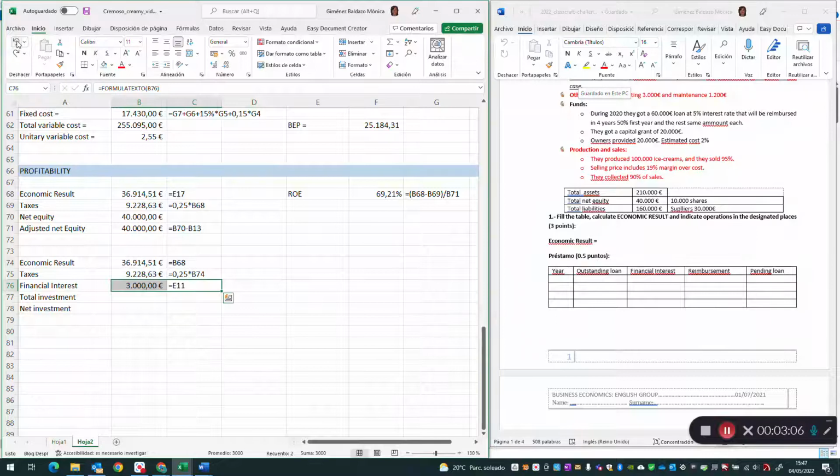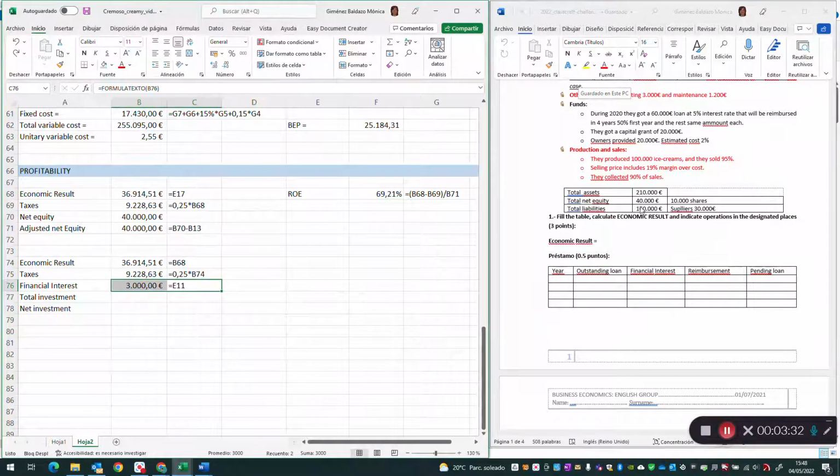And for the total investment, there's this common misconception or this common mistake about what to choose. Do I choose total assets or do I choose total liabilities? Because remember, the right side in the balance sheet, it's called liabilities. So this is kind of confusing because you have total liabilities, but the amount is not the same as total assets.